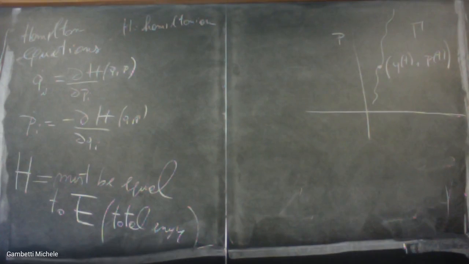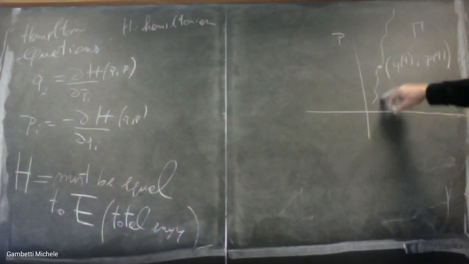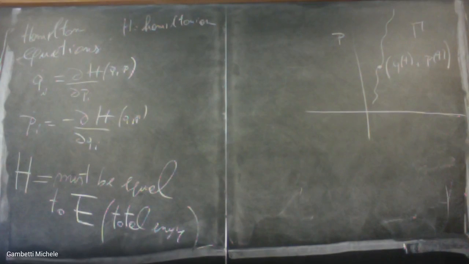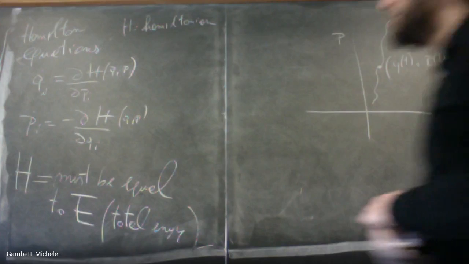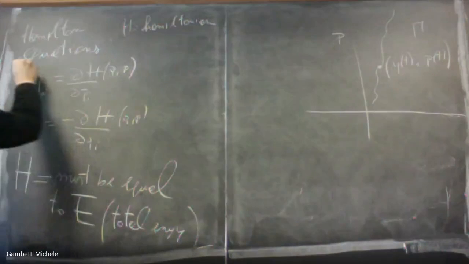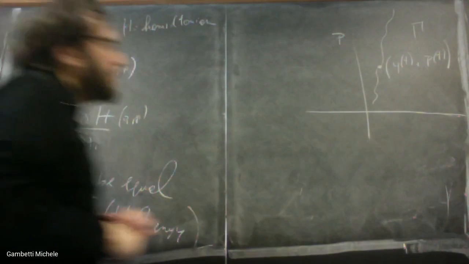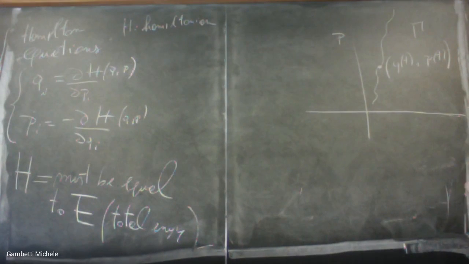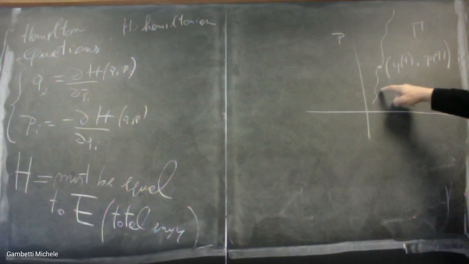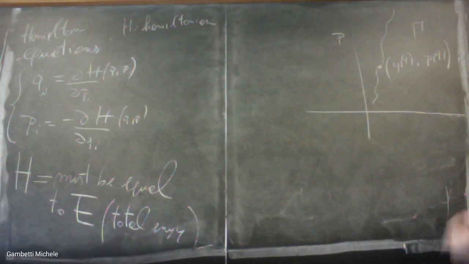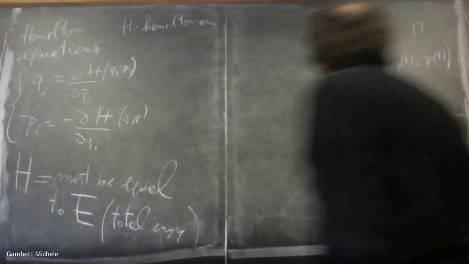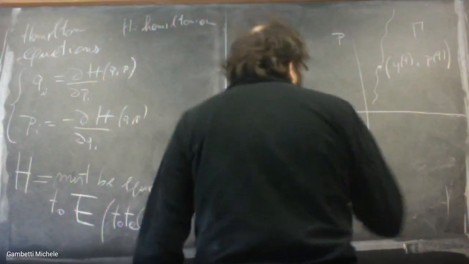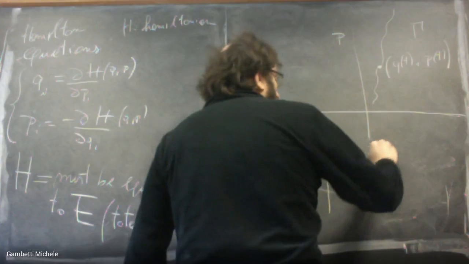So a trajectory in the phase space is basically the solution of the Hamilton equations, and there are some features of the trajectory that we might remember. One feature is that a trajectory cannot cross itself. So situations like these are avoided.